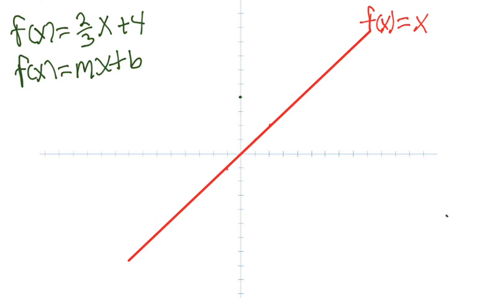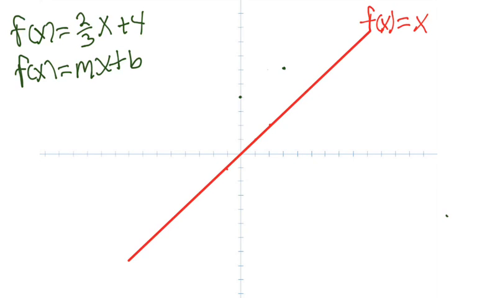We're going to rise up 2 units, 1 unit, 2 units here, and then run 3 units: 1, 2, 3. So let's plot that point. Up 2, over 1, 2, 3. So roughly right about here.